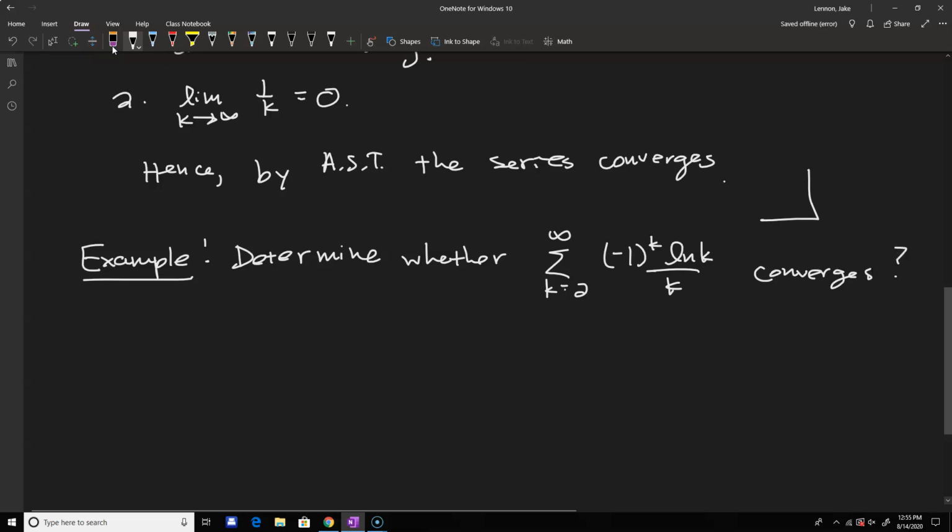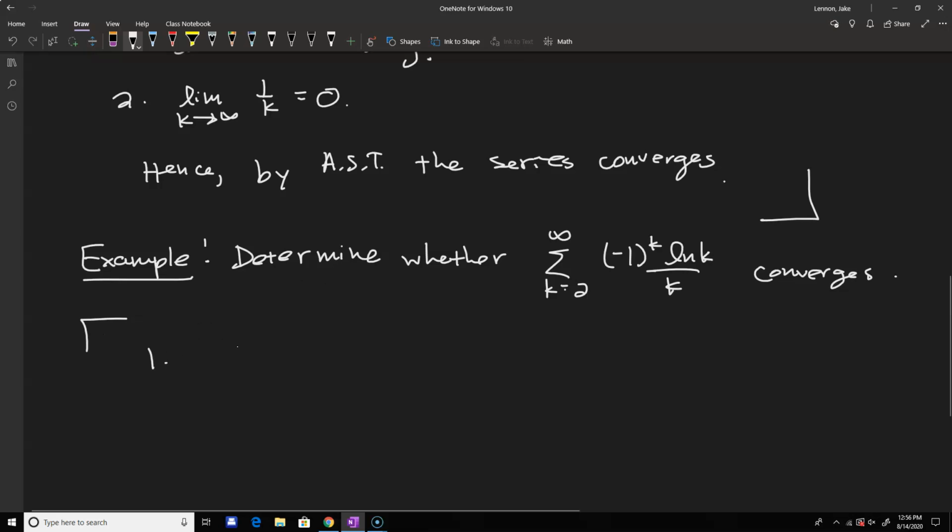That's not a question, it's a statement. Imperative statement at that. The first part is, what about the natural log of k over k? We want to determine if that is less than natural log of k plus 1 over k plus 1. So that's not so easy to do just by comparing consecutive terms.